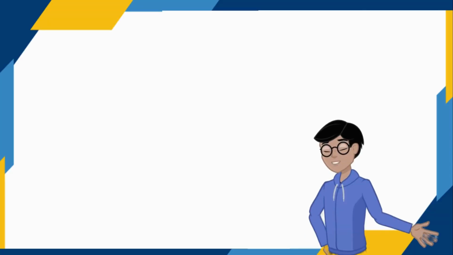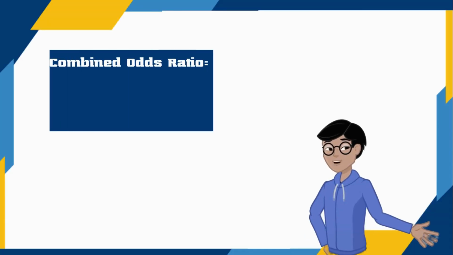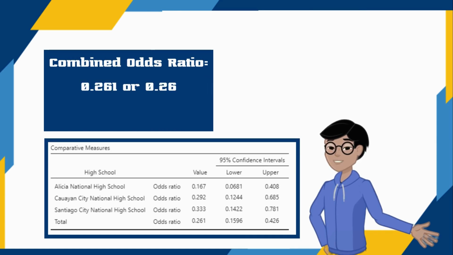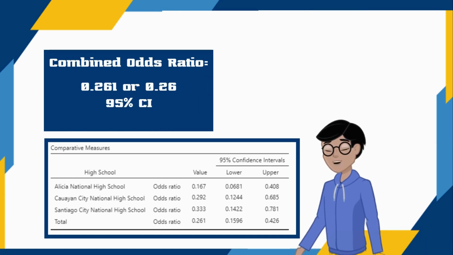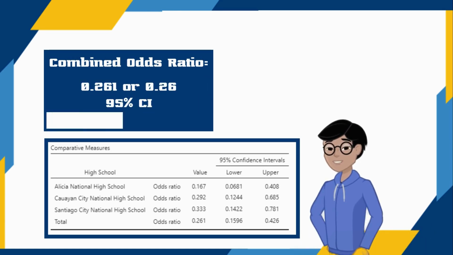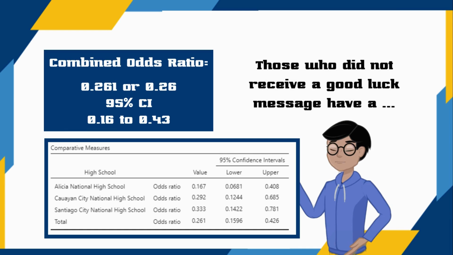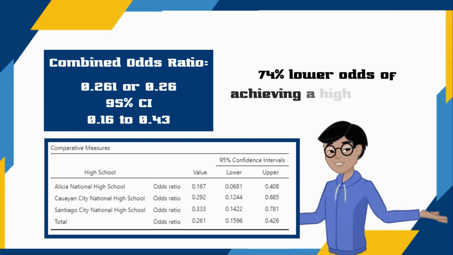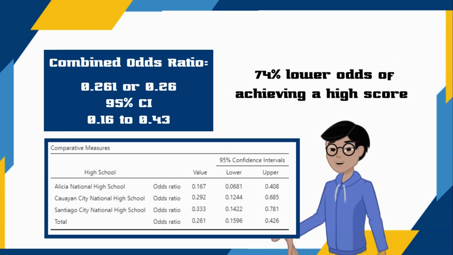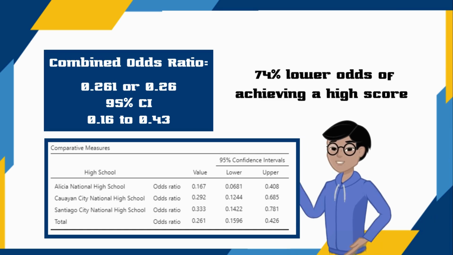The combined Mantel-Haenszel odds ratio across all schools was 0.26, with a 95% confidence interval from 0.16 to 0.43. This indicates that students who did not receive a good luck message had approximately 74% lower odds of achieving a high score compared to those who did.